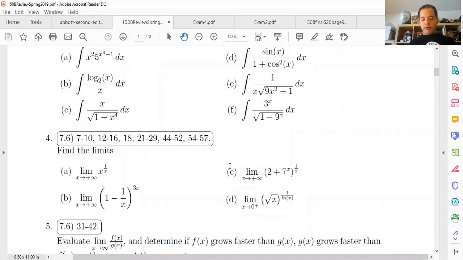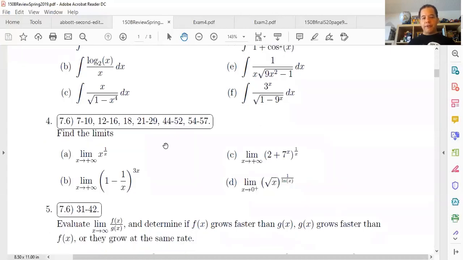Let's take a look now at these next ones. So these limits are all the types of limits that we studied with L'Hopital's rule, right? So they are all going to be limits that you cannot do by simply plugging in the numbers. See this first one over here, a.